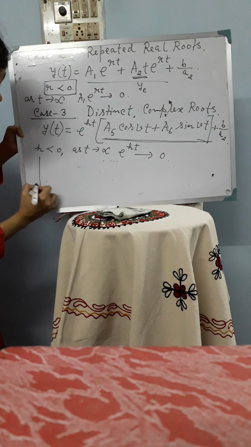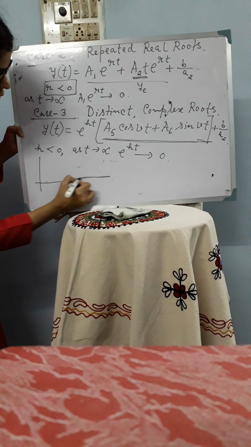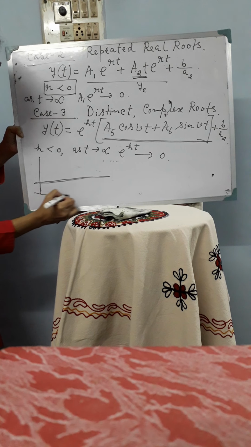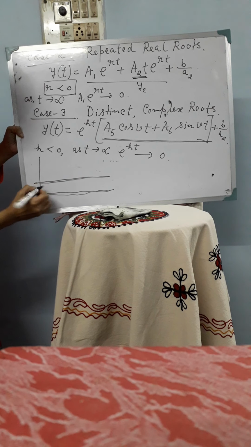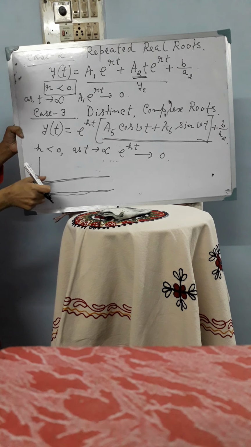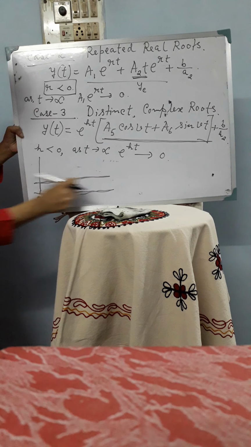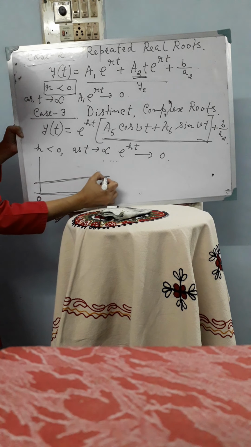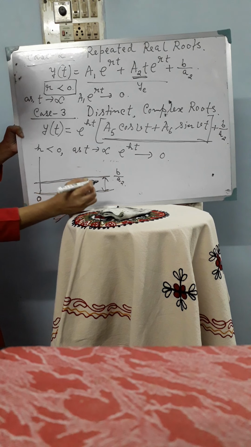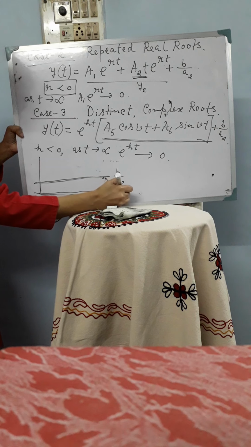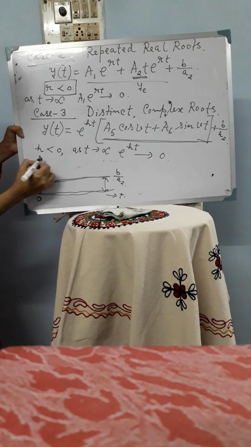So if we draw the time path, then this will look like this. Here we consider the origin, and the distance of this horizontal line from the x-axis represents the value of yp, that is b by a2. Along the x-axis we are plotting t, and along the y-axis we are plotting yt.